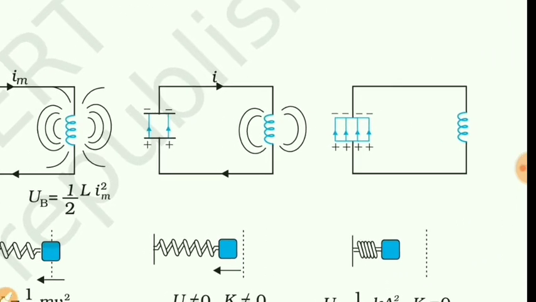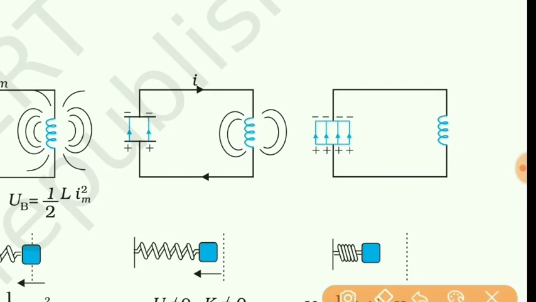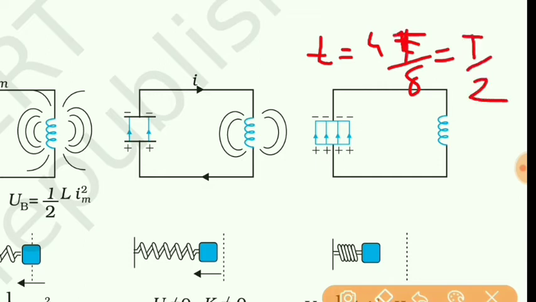Now at time t is equal to 4T by 8, which is equal to T by 2, that is now half cycle is completed.